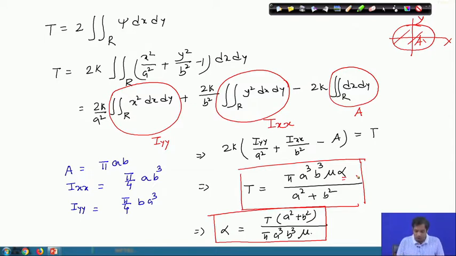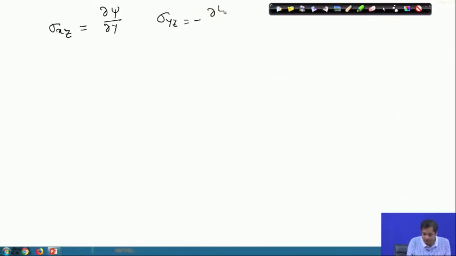If you recall the expression for stress, that's how we defined the stress function: sigma xz is del psi del y, and sigma yz is equal to minus del psi del x.